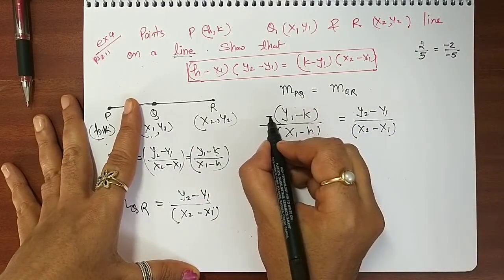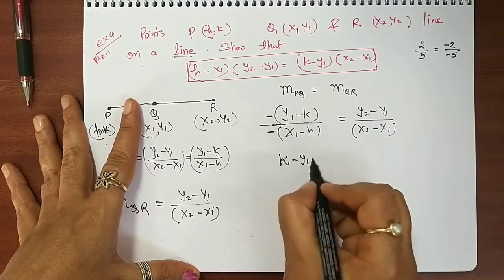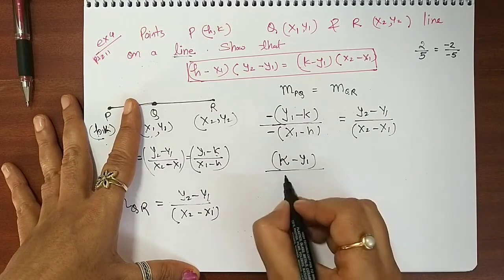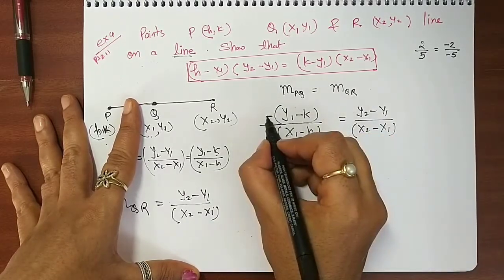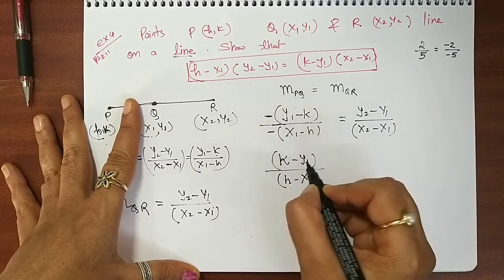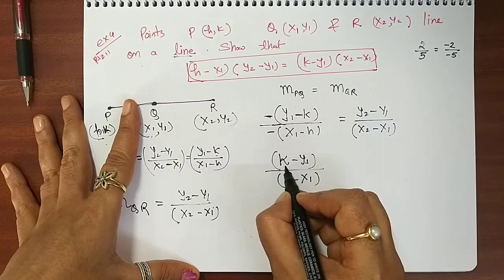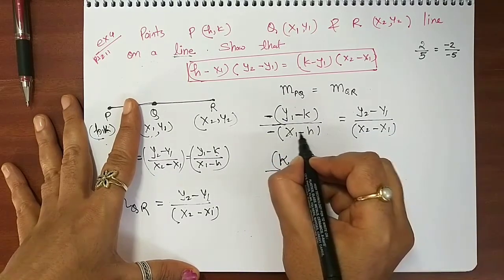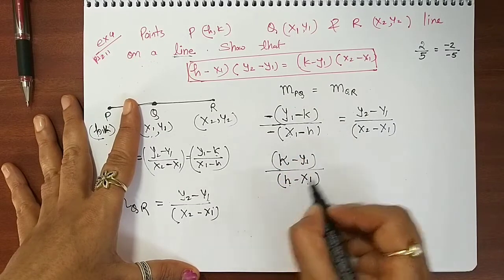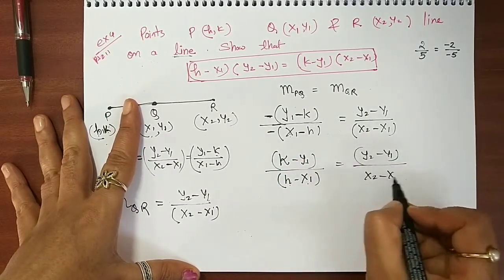And since I am putting minus, if I open the bracket, it will become k minus y1 and it will become h minus x1. How? Because of this minus, this will become minus y1, and because of this minus, this will become plus k, which I am writing here, plus k, right? Similarly, minus of x1, which is here, and minus will become plus of h, which is here, is equal to y2 minus y1 over x2 minus x1.